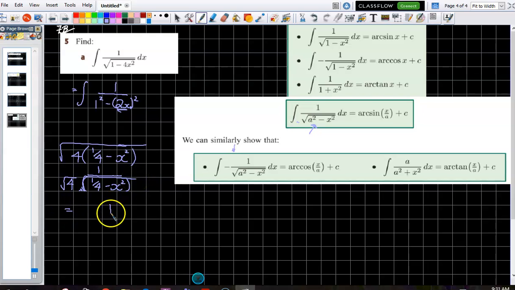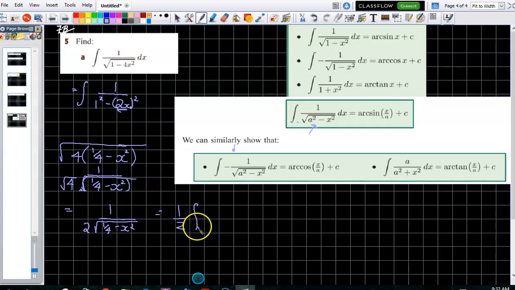And so this is now 1 over 2 square root of 1 quarter take x squared. Can I just go straight into that? Yeah, it has to be a squared. So what is being squared? 1/2. Right, so I'm integrating now. The 1 over 2 can go right out the front of my integral.